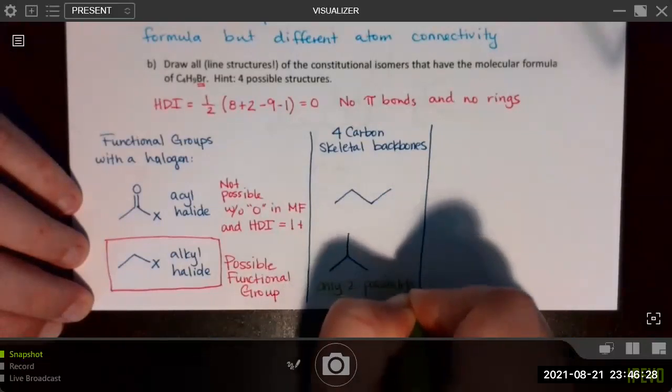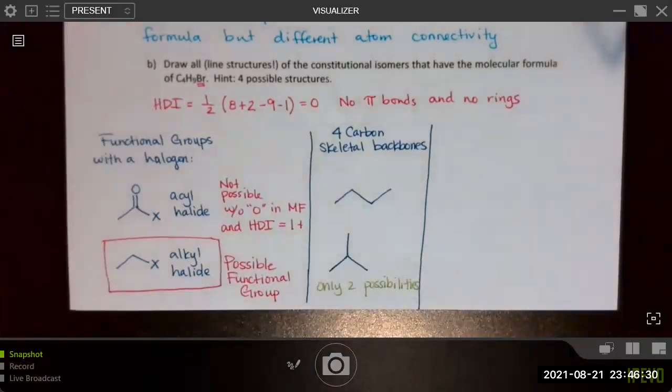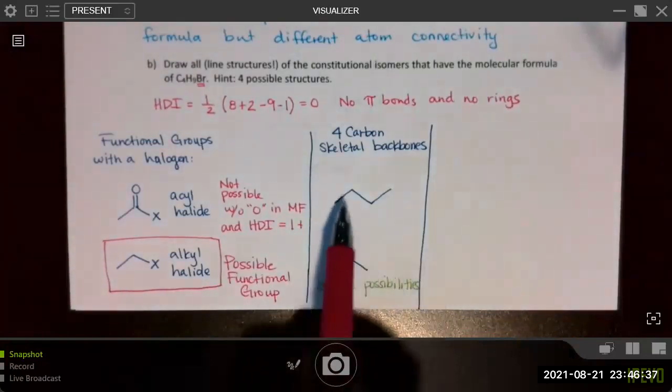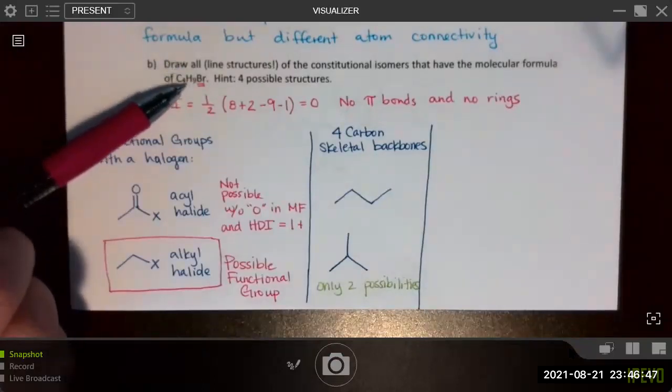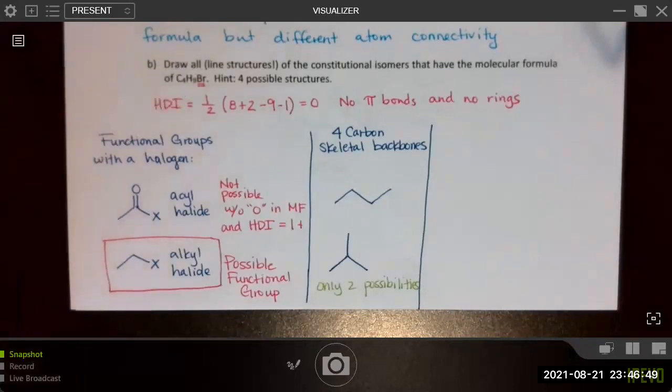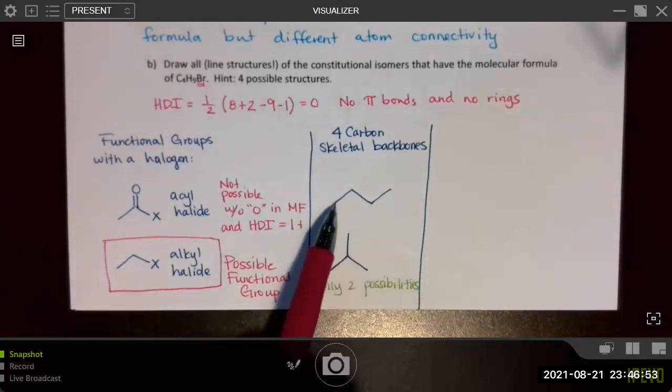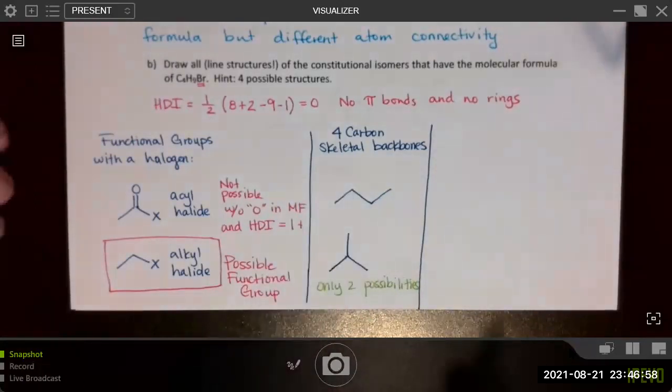And that makes it really easy to come in and draw the structures, because basically we just have to think about, we're going to have no double bonds, no rings, 4 carbons. They're all going to have hydrogens attached to them, except there'll be 1 bromine. So it's a question of where the bromine can go. The bromine could go here, the bromine could go here. So we draw those structures.